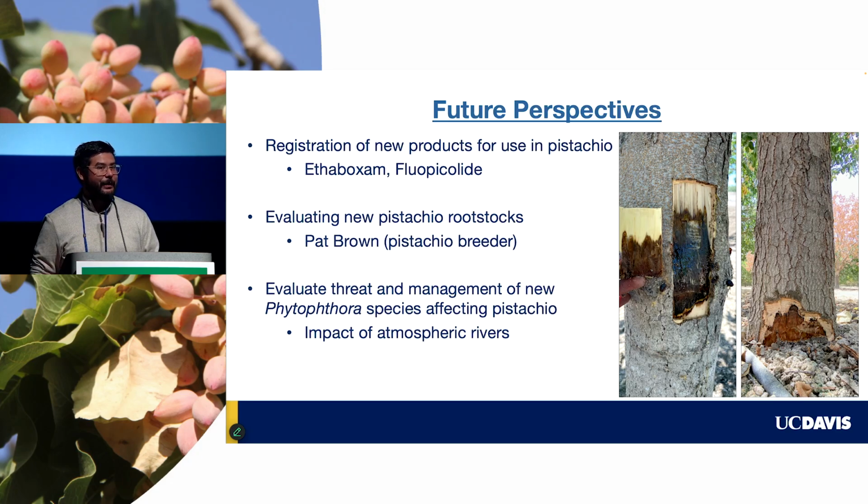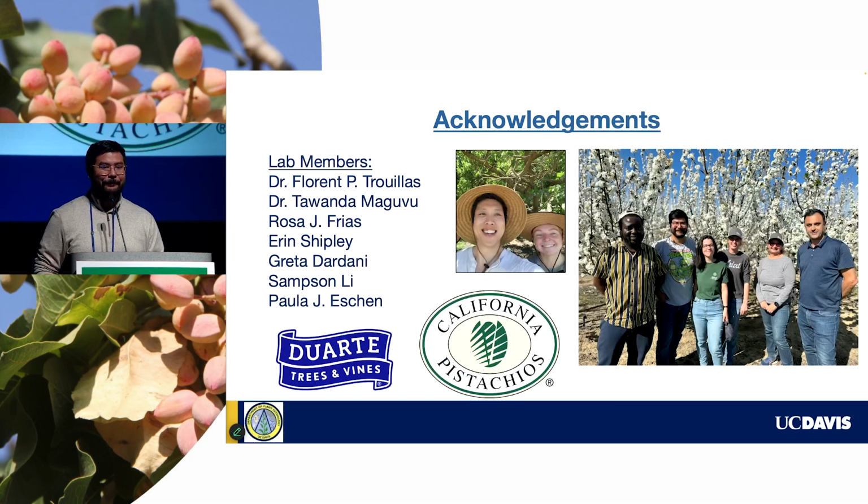And from this movement of water, we have been detecting new Phytophthora species affecting pistachios: Phytophthora nicotianae and Phytophthora crassamura. And so our lab seeks to continue to evaluate the threat that these new Phytophthora species will pose for pistachio plants.